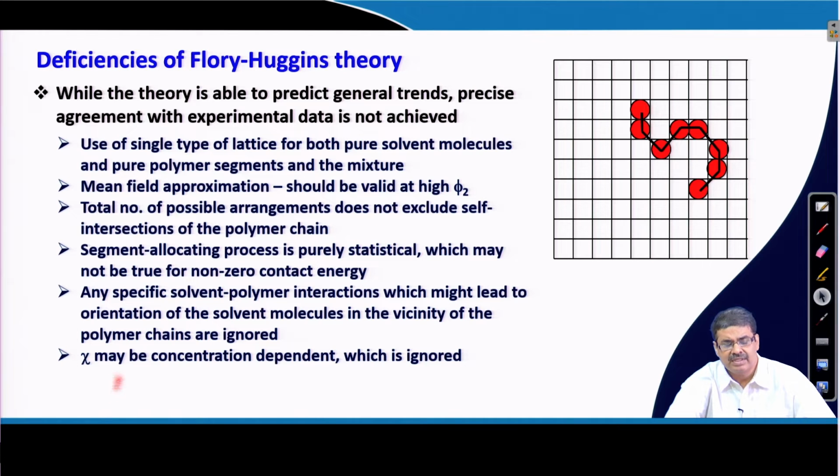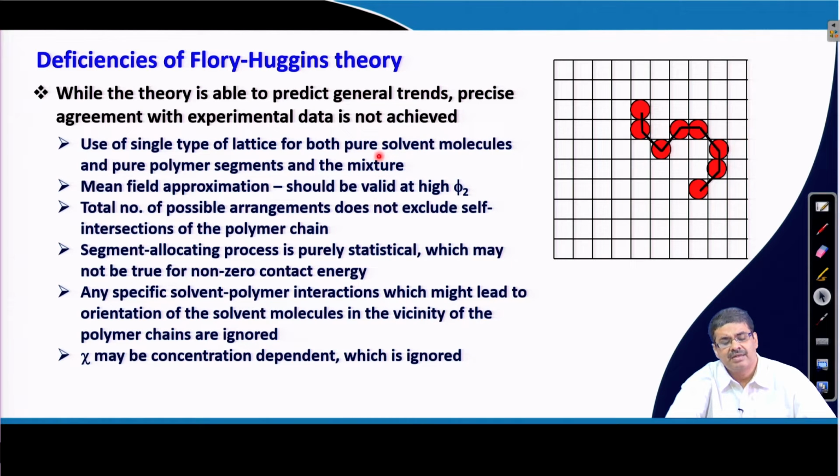It was also considered that the polymer solvent interaction parameter chi is not concentration dependent, which may not be true, it may also be concentration dependent. So, these are the assumptions made during derivation of Flory-Huggins theory, which are not applicable in toto.